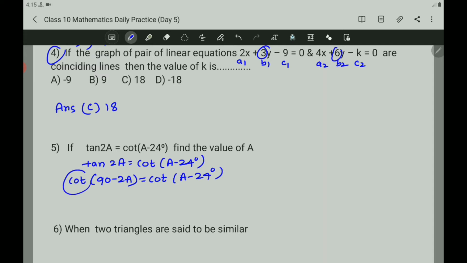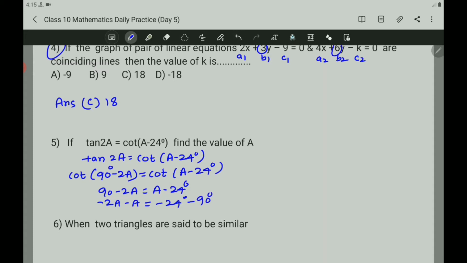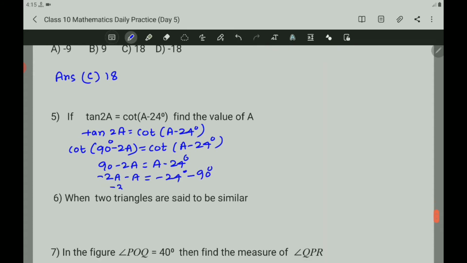And you know that as you have cot on both the sides, you can compare 90 degree minus 2a equals a minus 24 degree, then it is minus 2a minus a. Transfer this a to the LHS. It equals minus 24 degree minus 90 degree. Then you will get minus 3a equals how much?